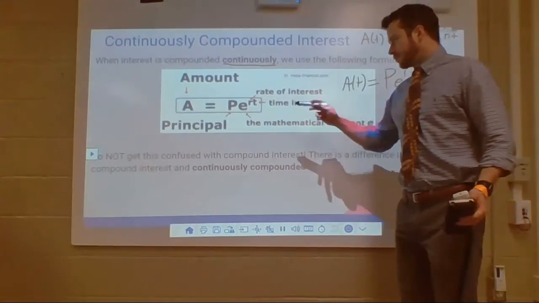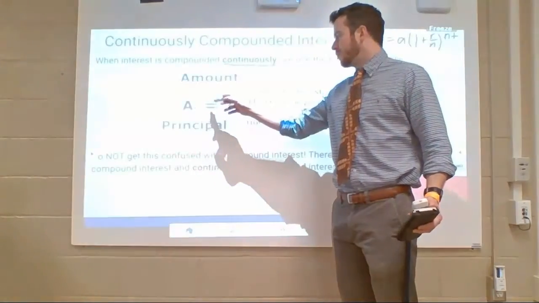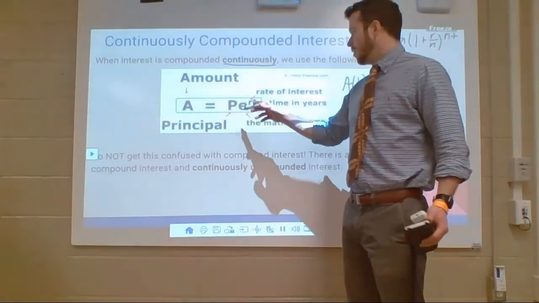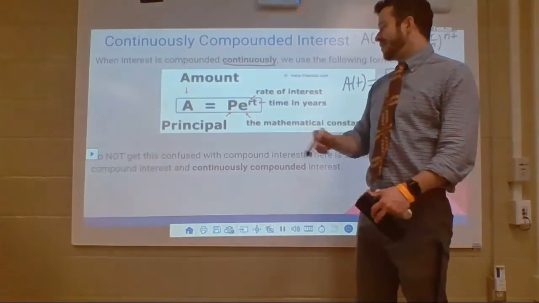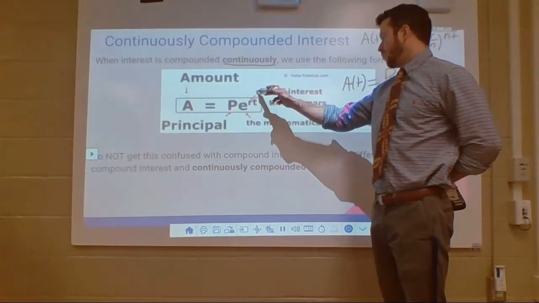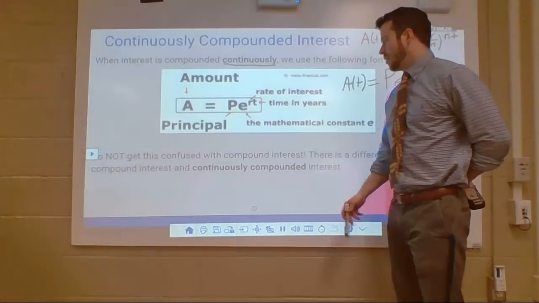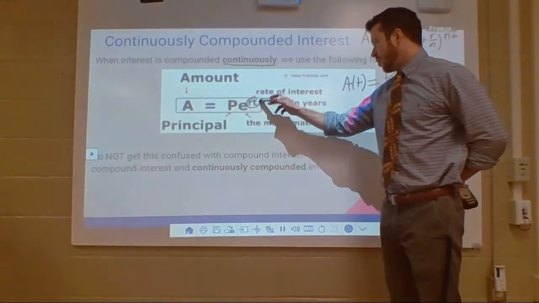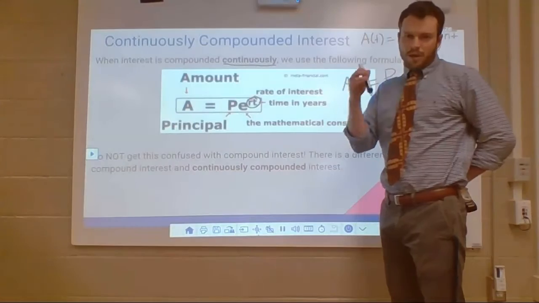So, check this out. This is laid out for you. You got the final amount equals the principal, P, so the initial value, the principal, times e, the natural base, okay? So e raised to the rate of interest, whatever your rate of interest is, times time, okay? So this, the rate and the time, r times t, that's going to combine to become one exponent.